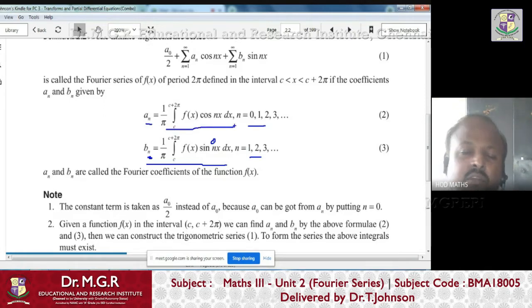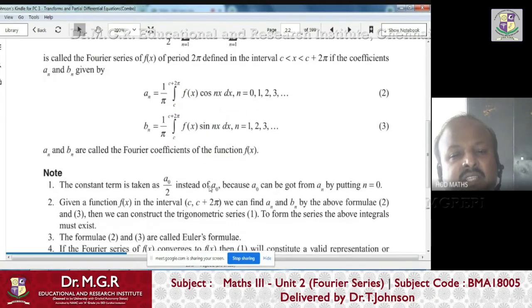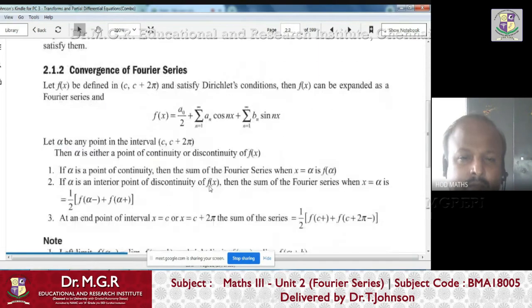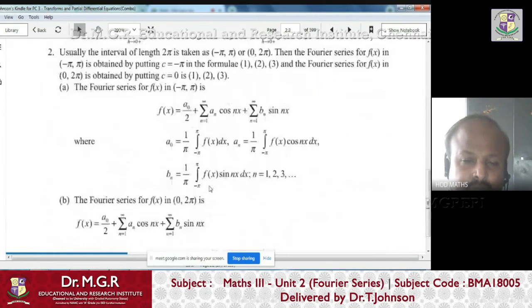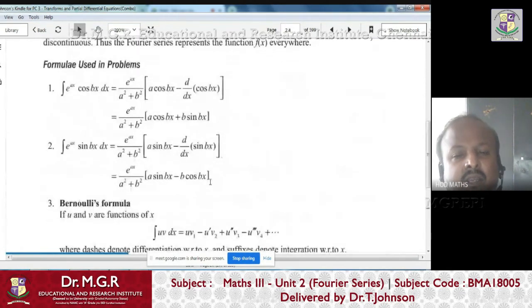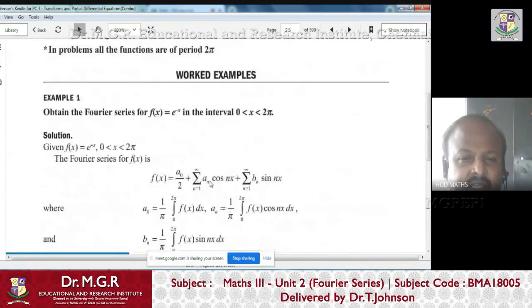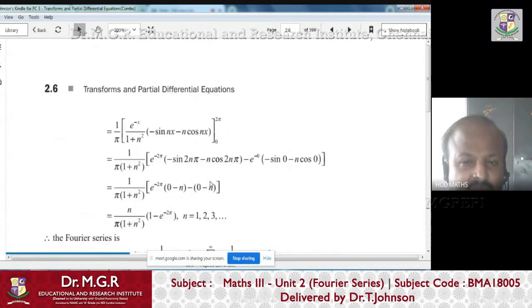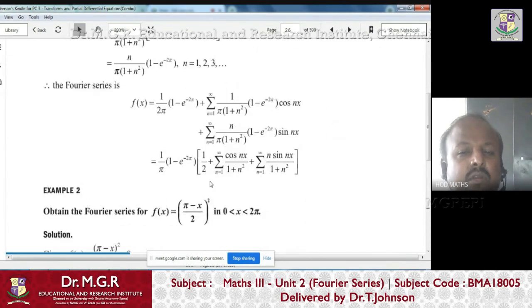The only thing you should know is some basic integration methods in order to solve Fourier series problems. Now we will see the problems one by one. I hope you understand the definition of the Fourier series. And what is the aim of finding the Fourier series?